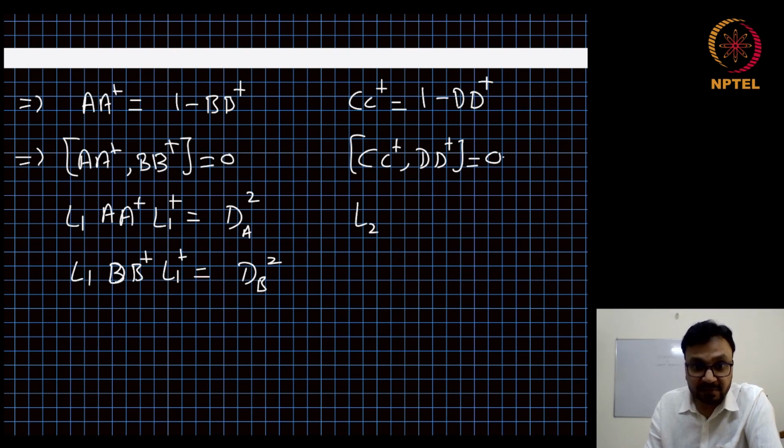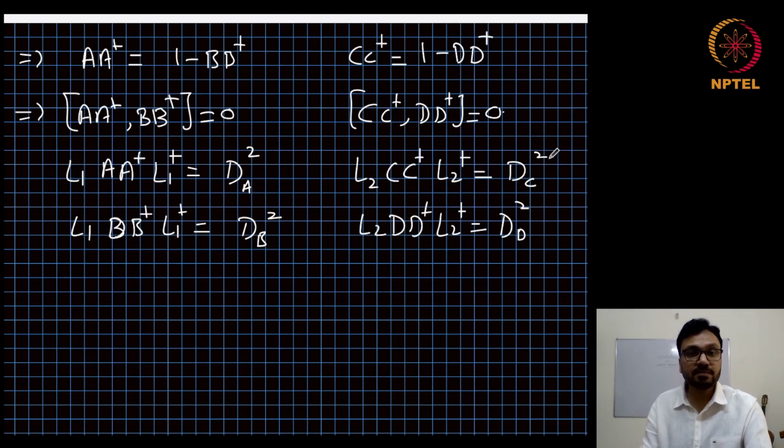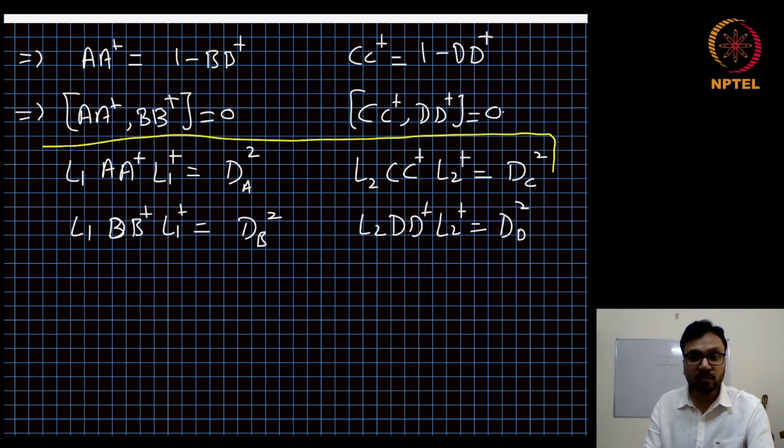Here we can have L2 C C dagger L2 dagger as dC square, and L2 D D dagger L2 dagger as dD square. For the time being, they just look mathematical, but trust me, this will become a very interesting result soon.